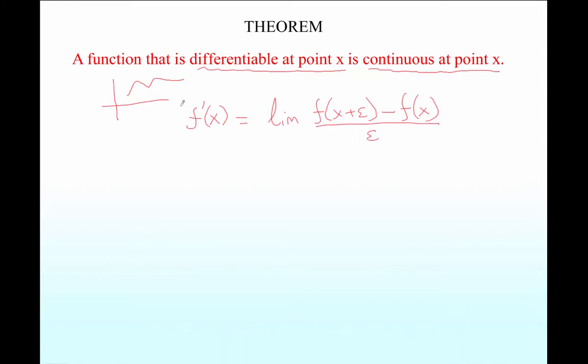So there is a quantity f prime of x that exists. In other words, this limit as epsilon tends to 0 exists.